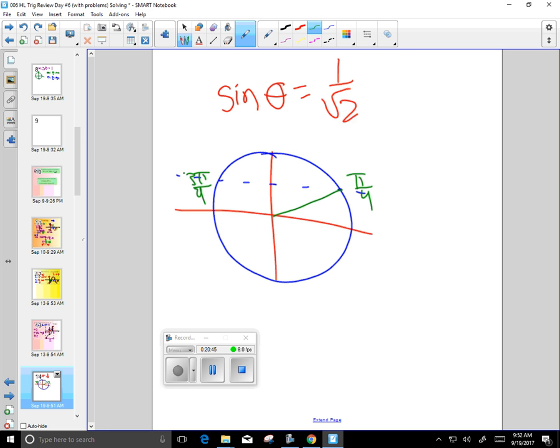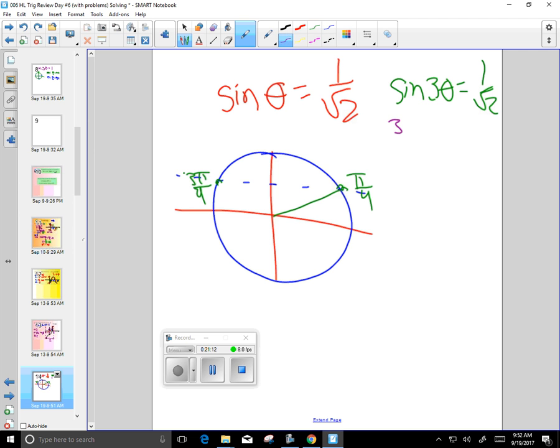Now, you've done this before, and solving always seemed crazy and never made any sense. I'm hoping it'll make sense in 1 minute. Watch this. So those are the two answers, right? What did we say happened when we did sine 3 theta equal 1 over square root of 2?